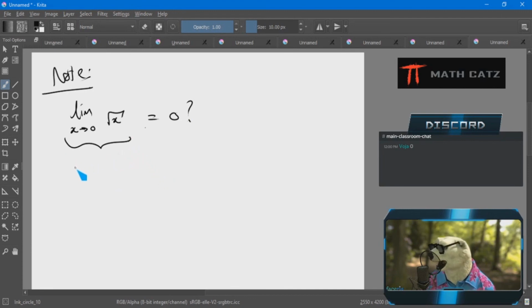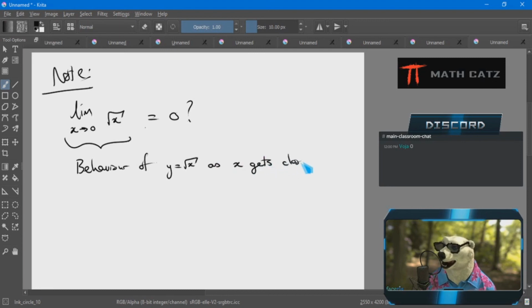This is asking for the behavior, of course, a very simple function, it's in my library, of my square root function as x gets closer to 0, I'll say it like this, from anywhere around 0.